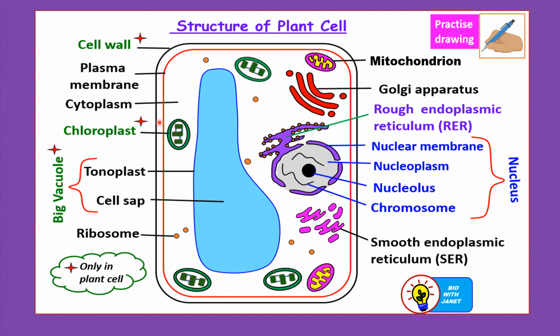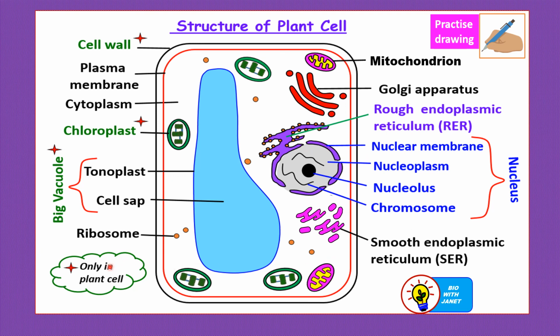So what is the function of the cell wall? It is rigid and tough, so it helps to maintain the shape of plant cells. So plant cells have a fixed shape, for example, a rectangular shape, and the cell wall also provides support to the plant cells. Other than that, the functions of the other organelles have been mentioned.